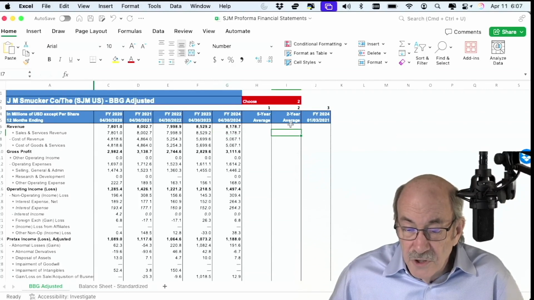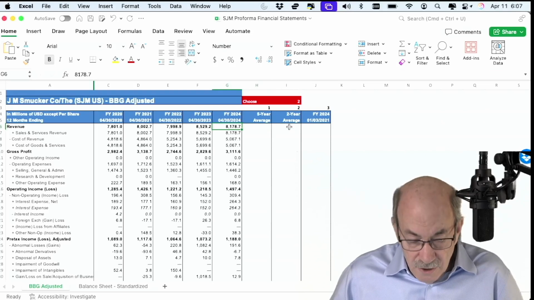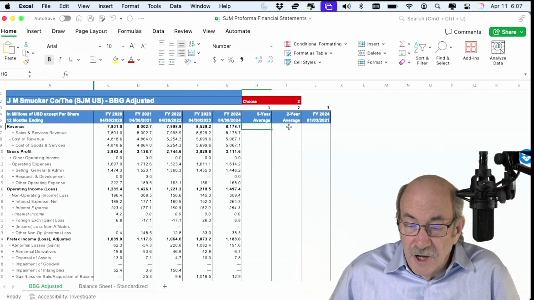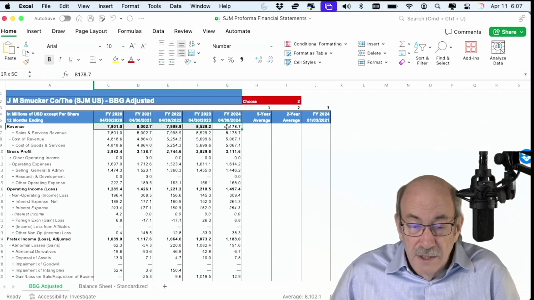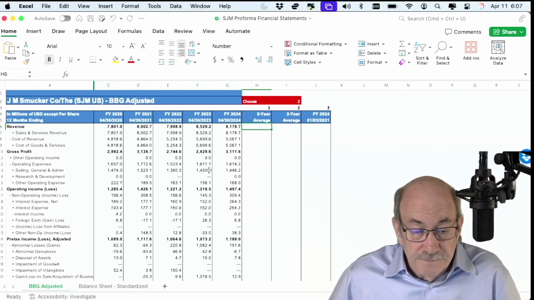I'm also going to do a 2-year average, taking the most recent year plus the year before that and averaging those together. And finally, I'm going to do a full 5 years, going all the way back to, in this case, fiscal year 2020, and get an average for that.